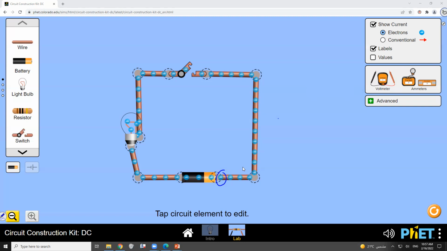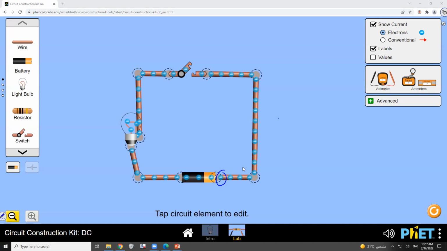Why? I said the speed of this electron is very small. It will take time for this electron to come to the bulb. There is collision. But the bulb will light up if the electrons are flowing in the bulb.